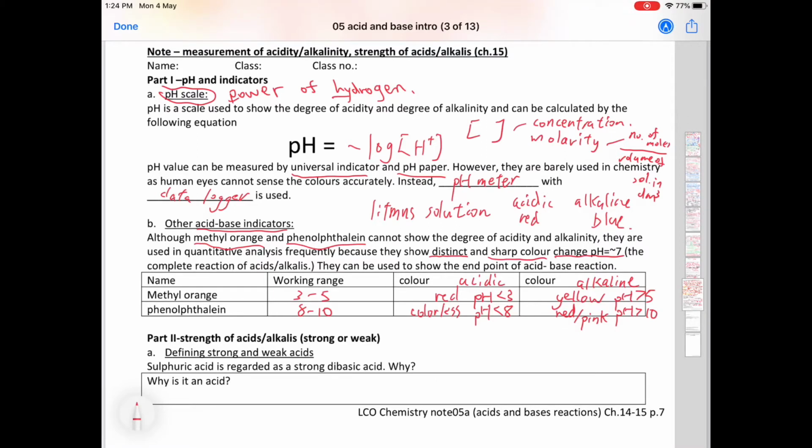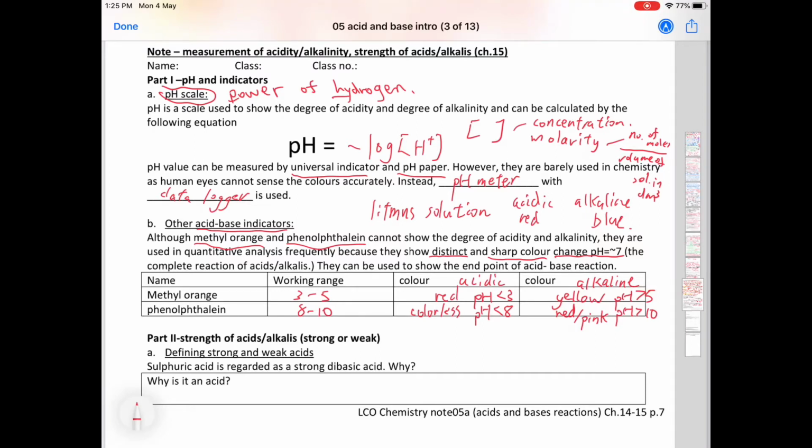Methyl orange is suitable for some slightly acidic medium. And if you are using phenolphthalein, if the resultant solution is slightly alkaline, then it will be suitable because its working range is 8 to 10.